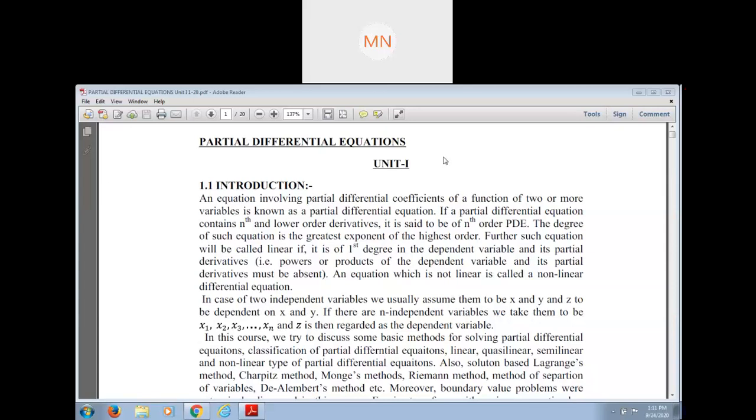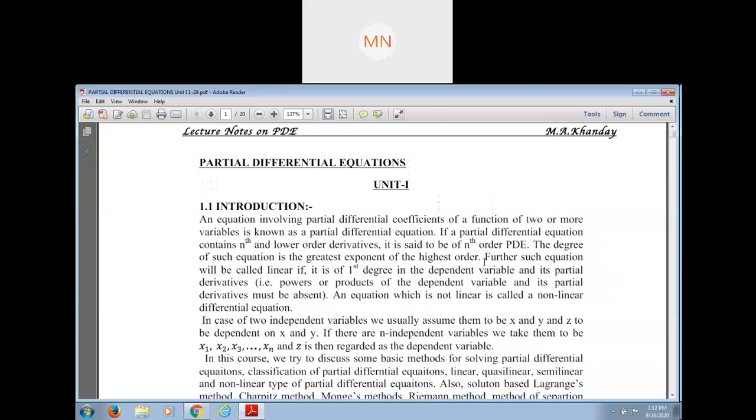But in the partial differential equation, it consists of two or more variables. We consider two variables as independent and the other one as dependent variable, which depends on these two variables. See the definition: an equation involving partial differential coefficient of a function of two or more variables is known as the partial differential equation.